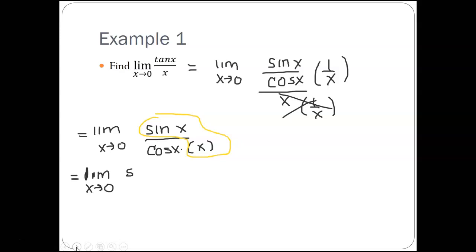So you could rewrite this as the limit as x approaches 0 of sine x over x times the limit as x approaches 0 of 1 over cosine x. So your first limit is equal to 1. The cosine of 0 is 1. So you get 1 times 1, or 1.